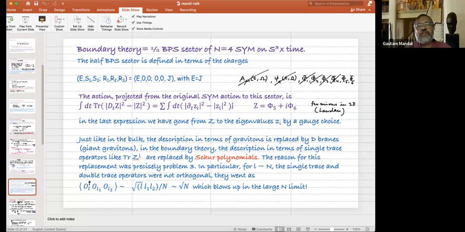This is a complex matrix model, but even though it's a complex matrix model, you can go to an eigenvalue description, etc. So you have to just take this thing as a fact.